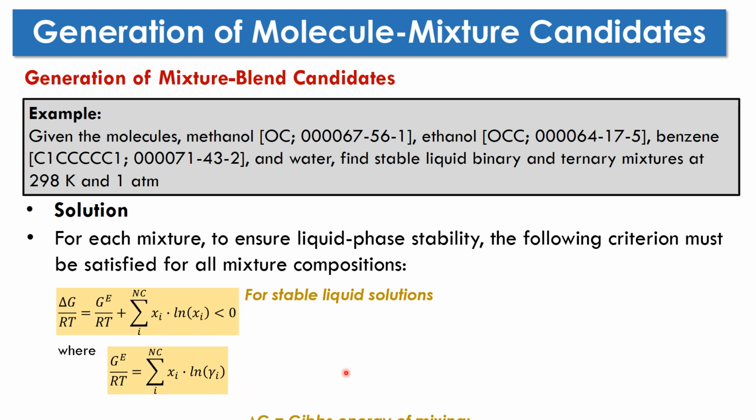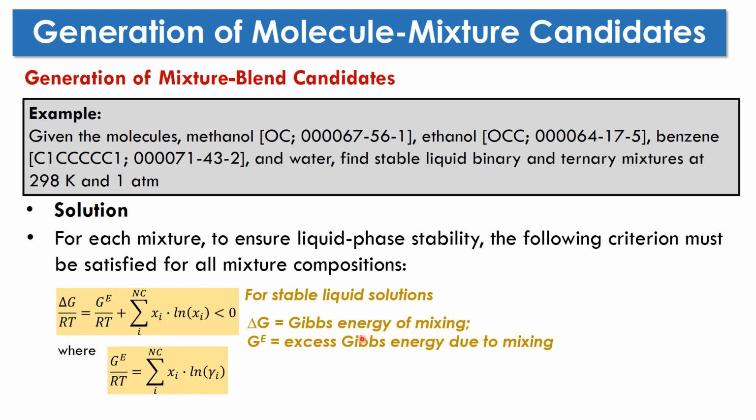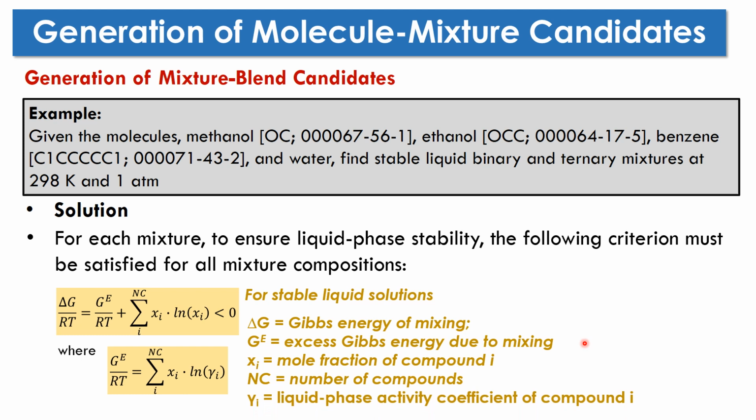Okay, so the details: delta G is the Gibbs energy of mixing. I hope you still remember the one that you learned in your chemical engineering thermodynamics. And G^E is the excess Gibbs energy due to mixing. x_i is the mole fraction of component i. Nc is the number of compounds. And gamma_i is the liquid phase activity coefficient of compound i.